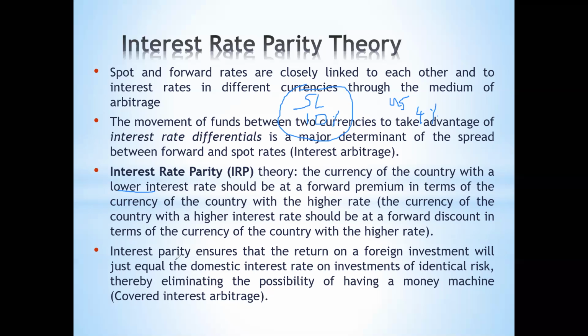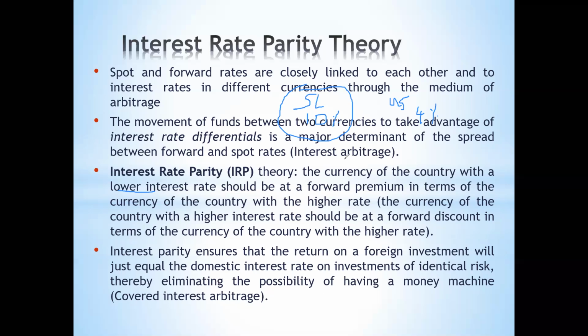So interest rate parity ensures that the return on foreign investment will be just equal to the domestic interest rate on investment of differential risk, thereby eliminating the possibility of a money machine, that means interest arbitrage.